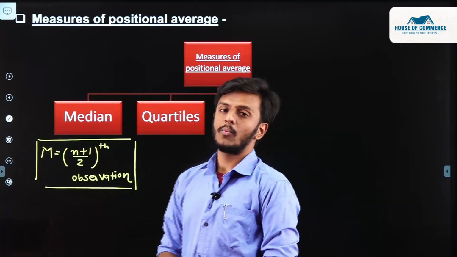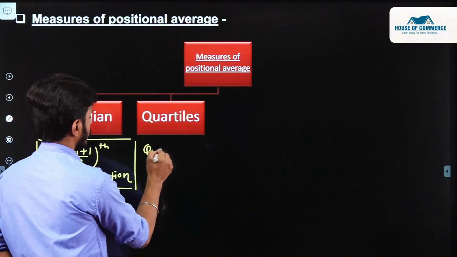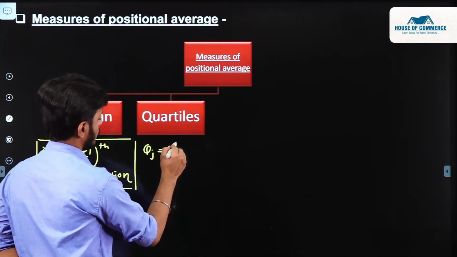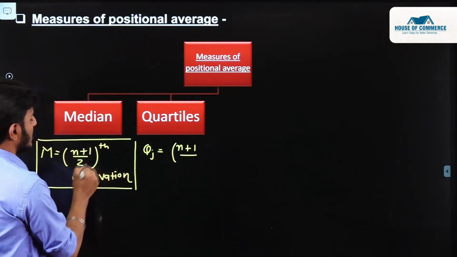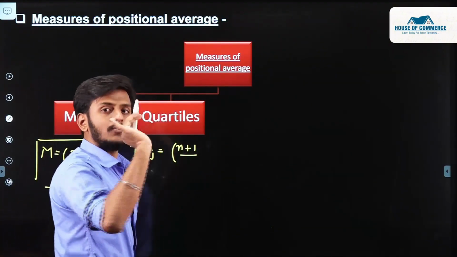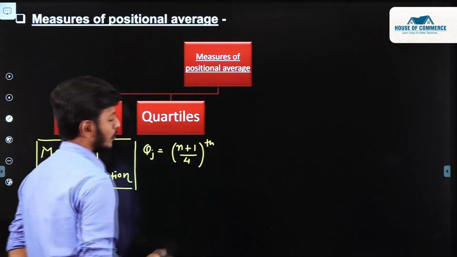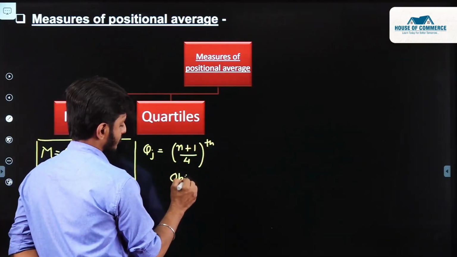Those values are well known as the quartiles, and quartile is denoted by Qj. We will use the same formula which we have used in the median. So what was the formula? (N plus 1) divided by 2, because median is dividing the observations in 2 equal parts, but quartile divides all the observations in 4 equal parts. So we are going to use the 4 over here in the denominator. So what will be the formula? It is (n plus 1) by 4th observation.